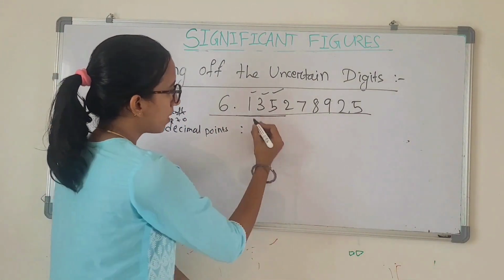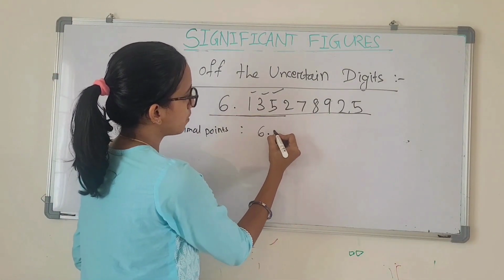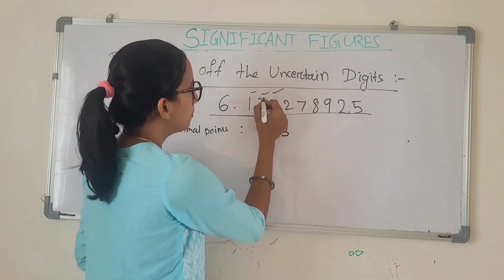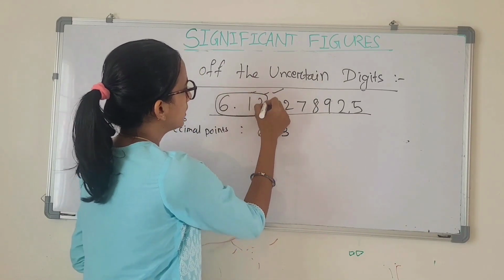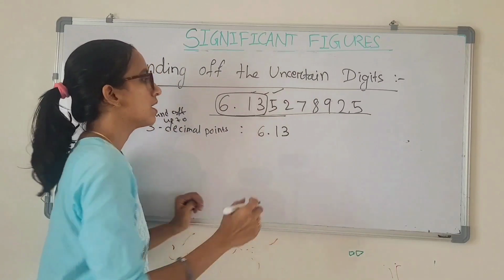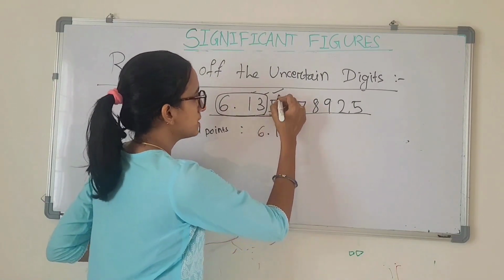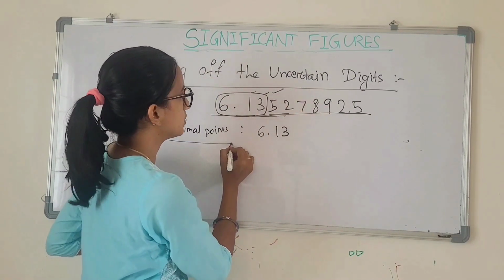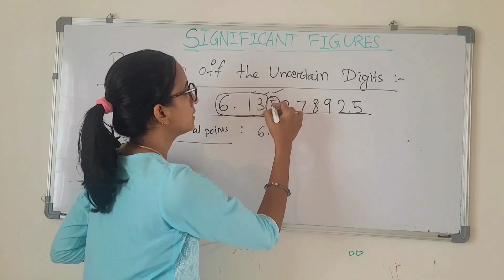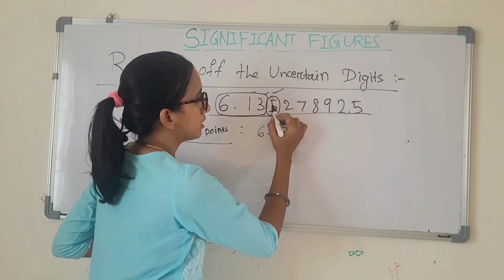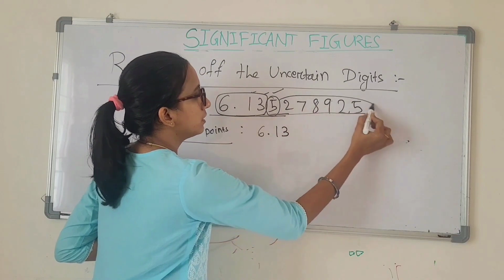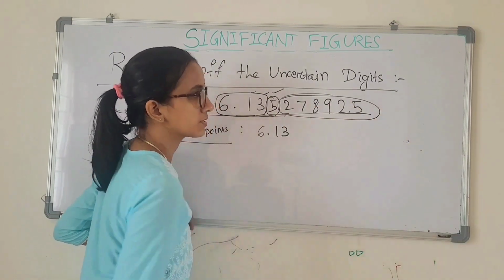In this case, the number is 6.13. Up to this, we can say it is significant. Since it is asking up to 3 decimal points, we will consider the next as the doubtful digit, and after that there is a long number of digits.